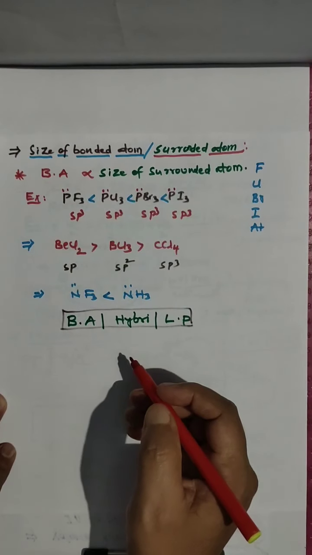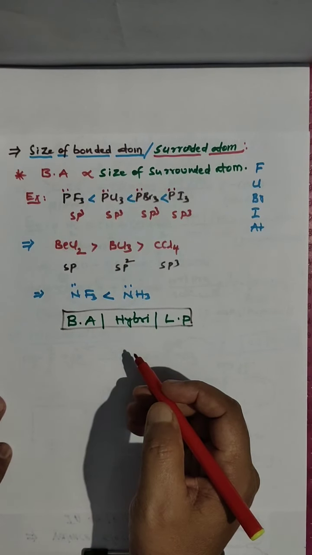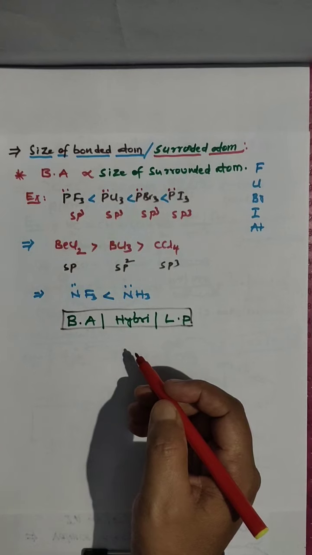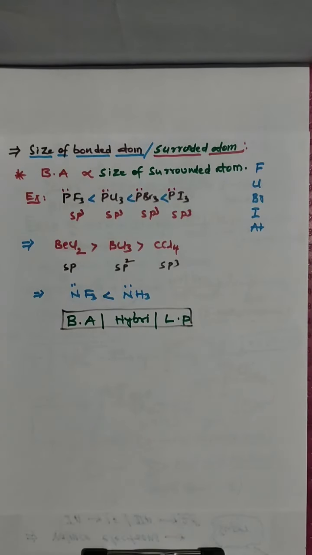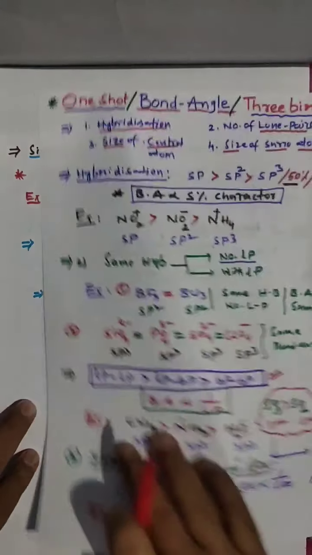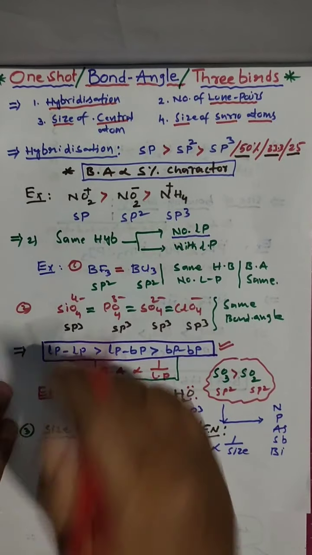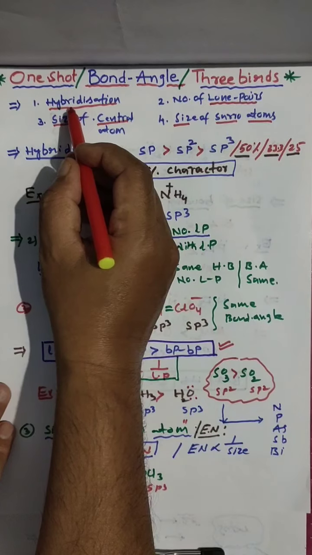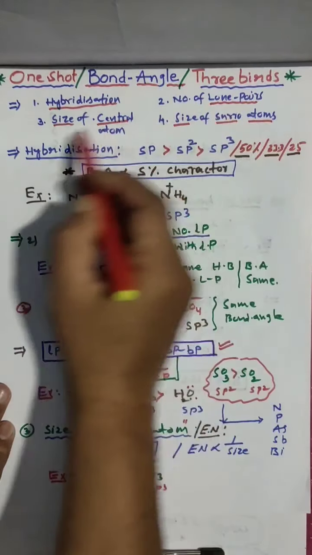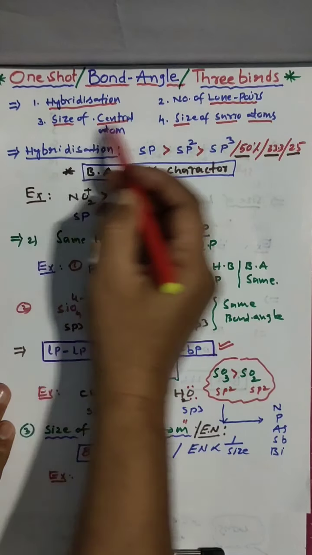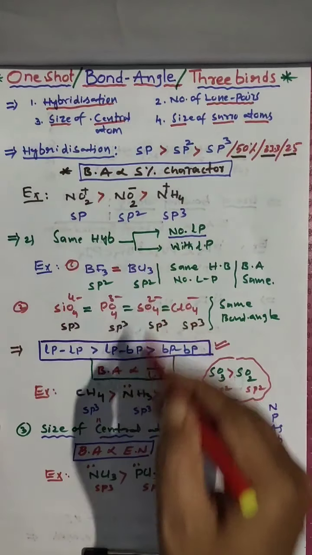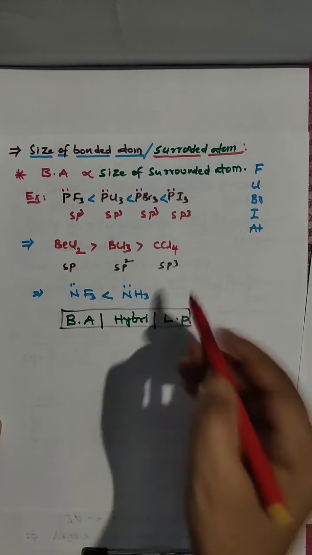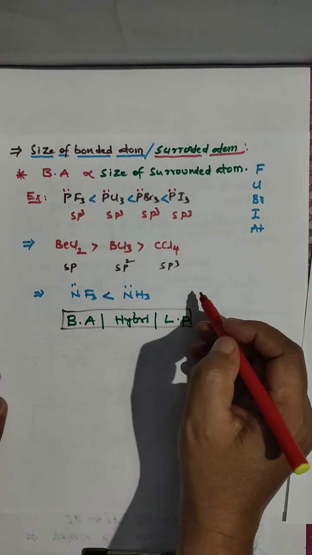Any concept you need, make a comment and I will prepare the videos. So this is how we calculate bond angle. First we check hybridization, next lone pair, next size of the central atom, and next size of the surrounding atoms. These are the conditions with different examples. So I think this is very clear to you.